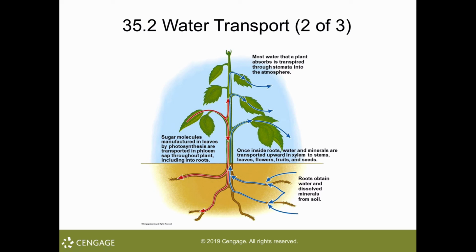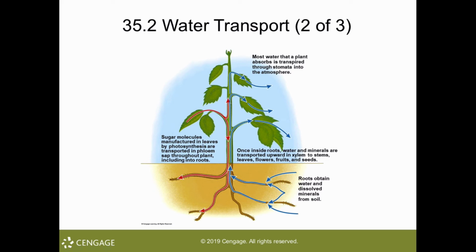Minerals are carried along passively in the water. As I mentioned, there is no energy expenditure by the plant itself. It just moves as a result of a natural physical process. The transportation of xylem sap is the most rapid of any movement of materials in plants.